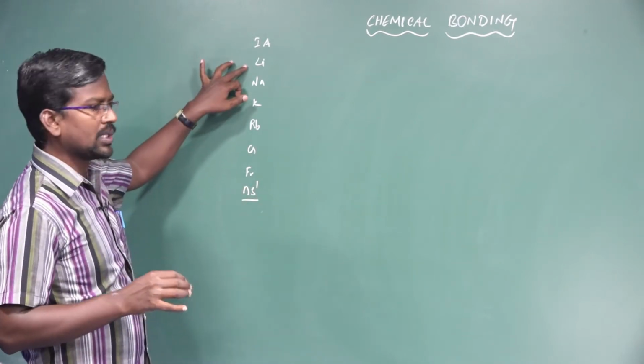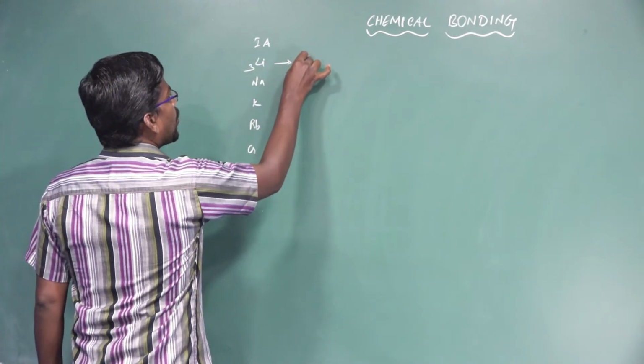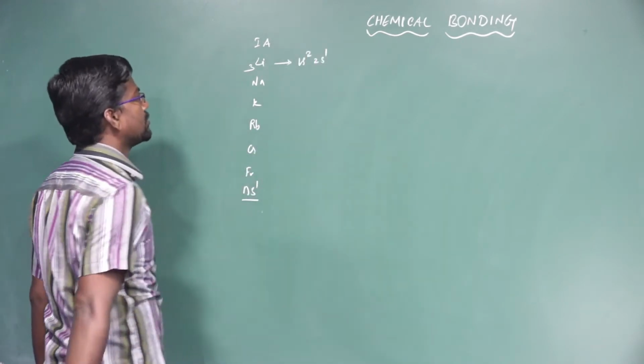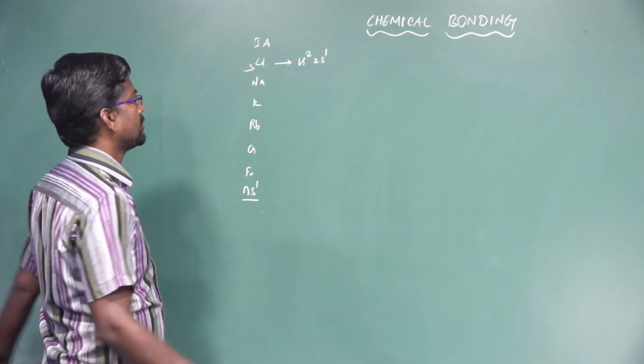For example, lithium, atomic number 3. The electron configuration of lithium is 1s2, 2s1. Sodium is 1s2, 2s2, 2p6, 3s1.